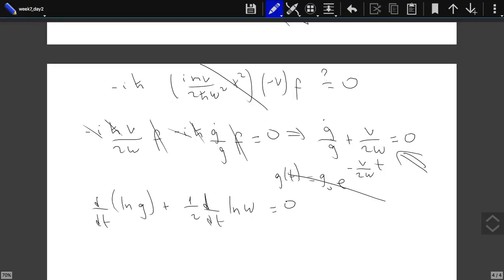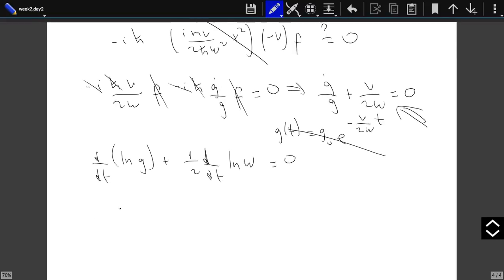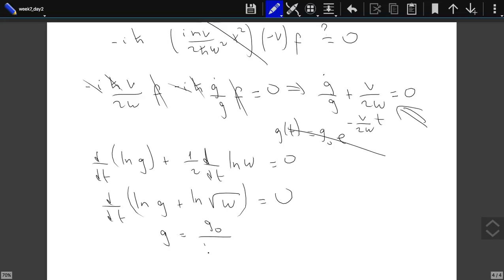The time derivative of the logarithm of omega is the derivative of omega, which is v, divided by omega. So the time derivative of the logarithm of g plus the logarithm of the square root of omega is 0. So g is equal to some g0 divided by the square root of omega, g of t.